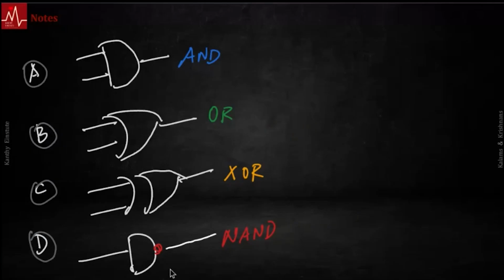Familiar? If you're not familiar, at least right now, a symbol for AND is this. There are two inputs, X, Y, and there is an output here. There is an X, Y, and OR, or NAND. If you did not know this, I just introduced that to you. Okay.